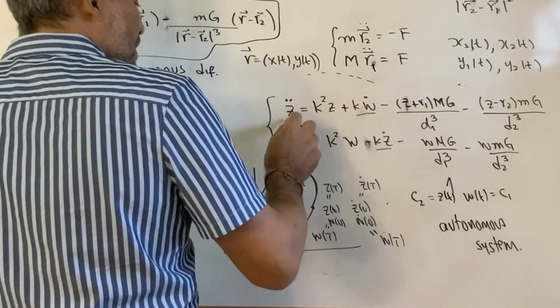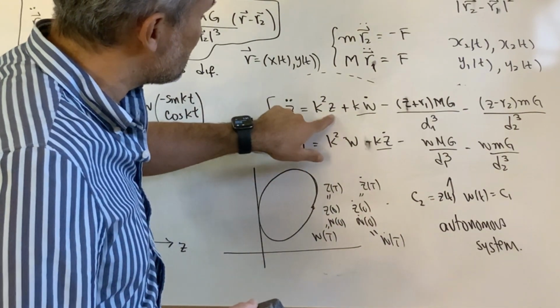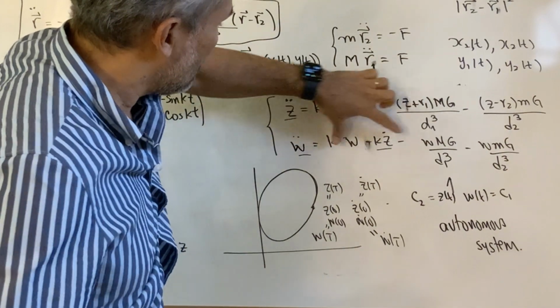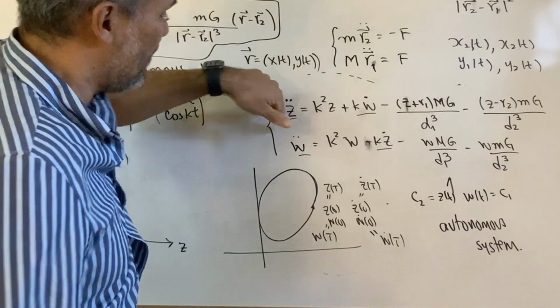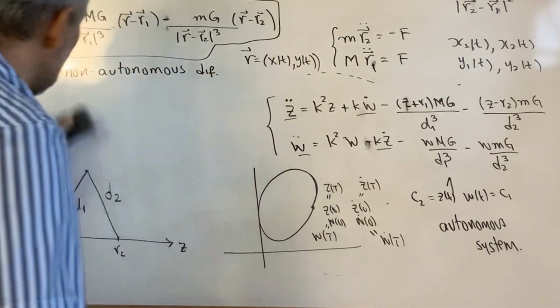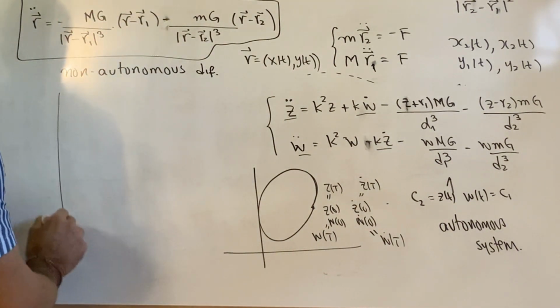This is 0, this is 0, and you end up solving this equation, K squared times C equals this part here. There is a minus that you can move to the left. When you solve that equation you end up with a solution like this.